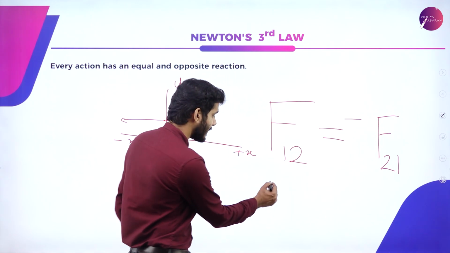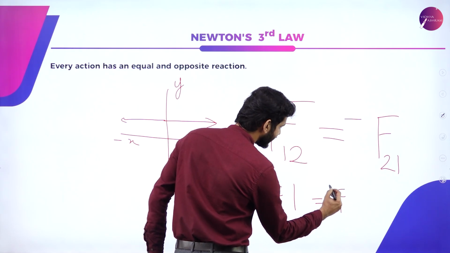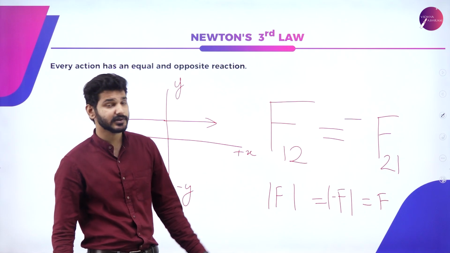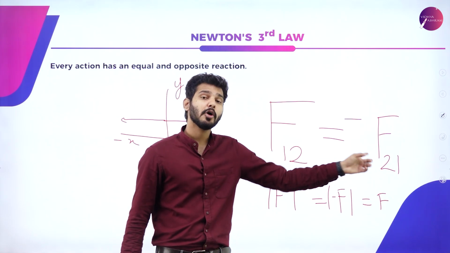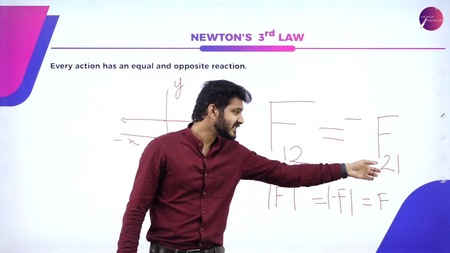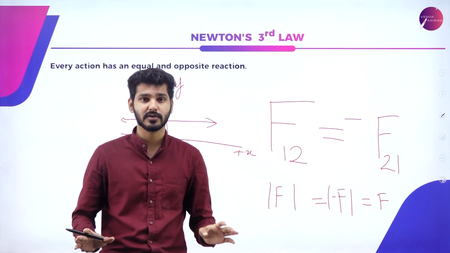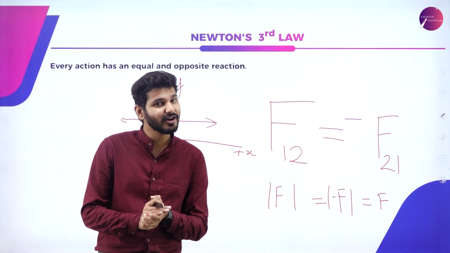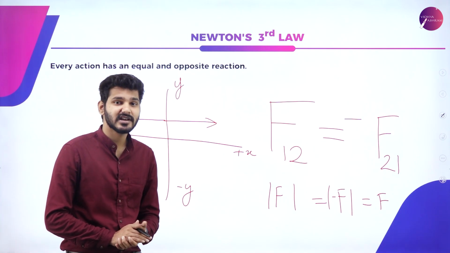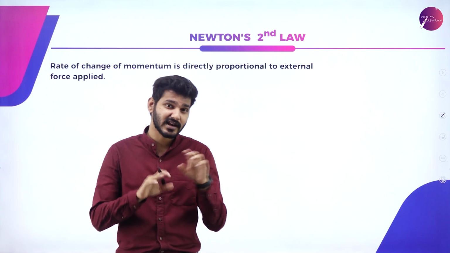If you take the magnitude value of these forces, then both of them will be equal, but the only thing is that it will be opposite in direction and the reaction force will be exerted by the second body onto the first body. That is the only difference. Otherwise, everything is equal. So simply Newton's third law of motion is, for every action, there is an equal and opposite reaction.